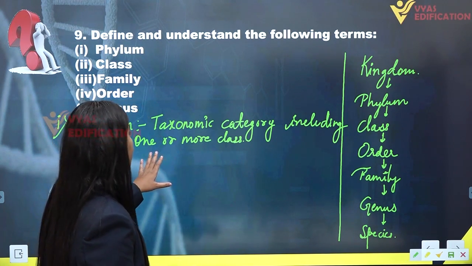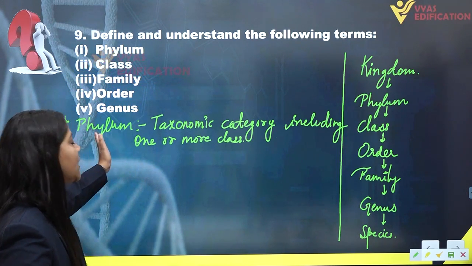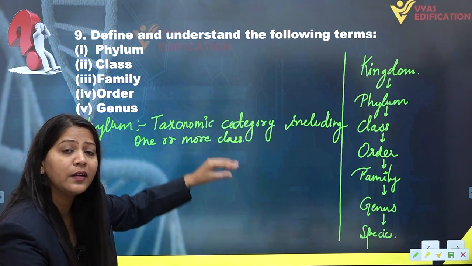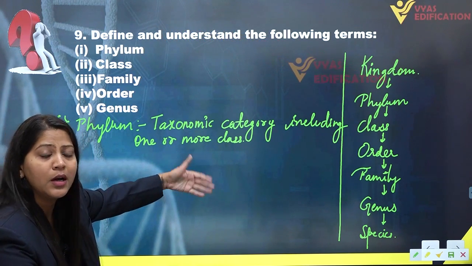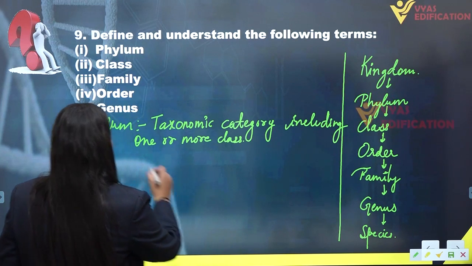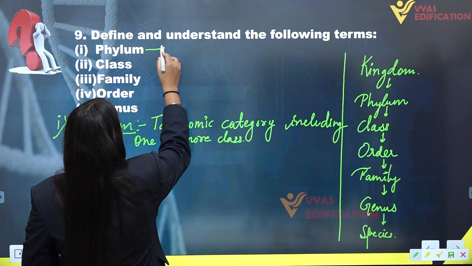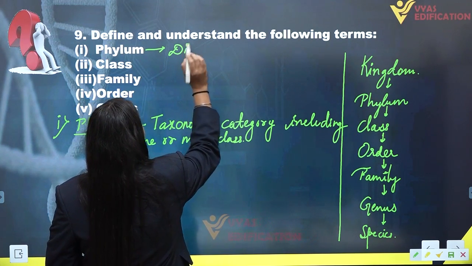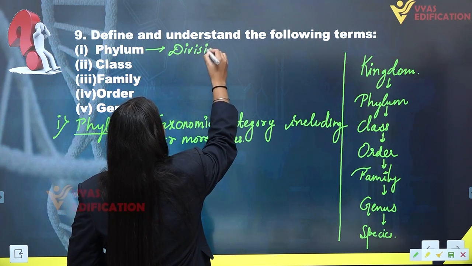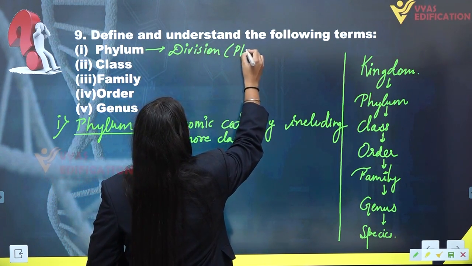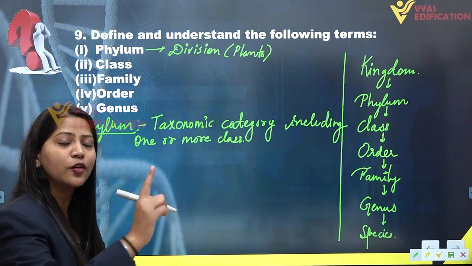Alright, this is the definition of phylum, that phylum is a taxonomic category in the hierarchy of a classification which includes one or more classes. If we talk about the phylum in case of plants, we often use another word, that is division. Instead of phylum, we use division in case of plants.